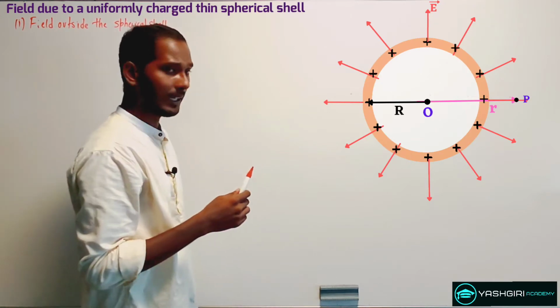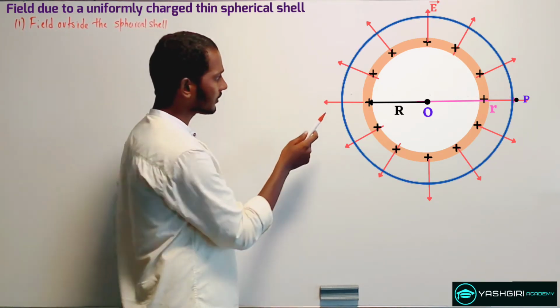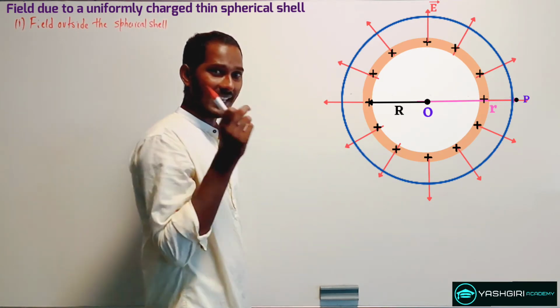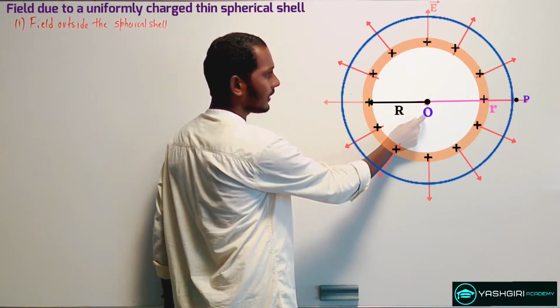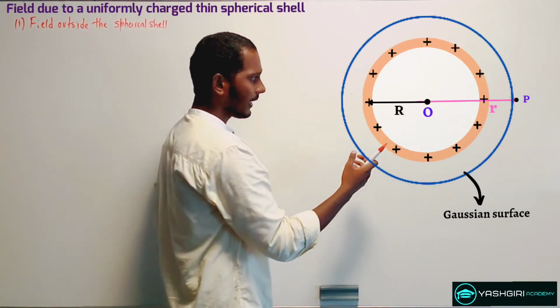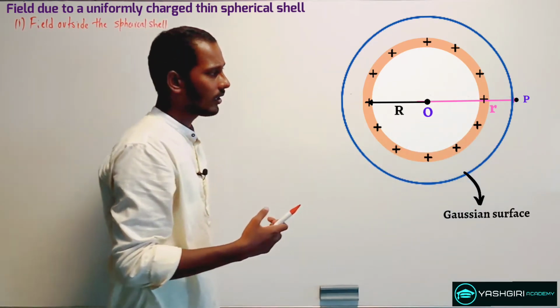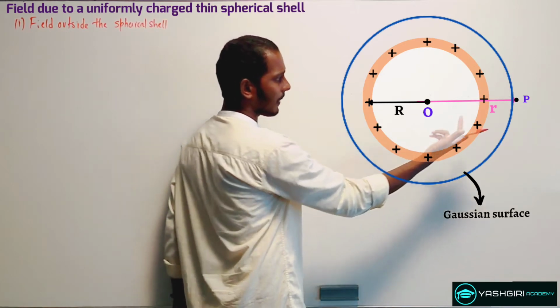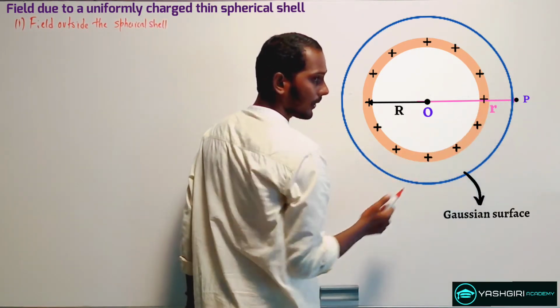So here, let me consider a concentric sphere as a Gaussian surface, which is like this, whose center is exactly coinciding with the center of the thin spherical shell. And let small r be the radius of that Gaussian surface. So you see that the Gaussian surface is passing through this point P because I'm interested at this particular point.